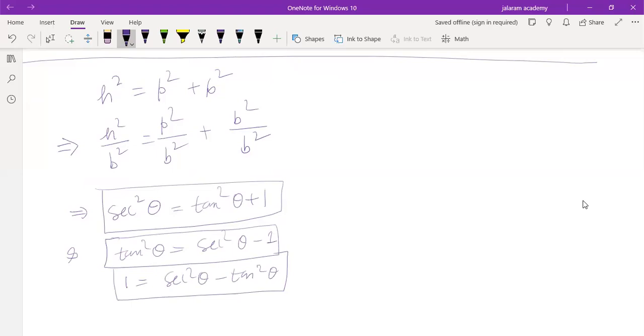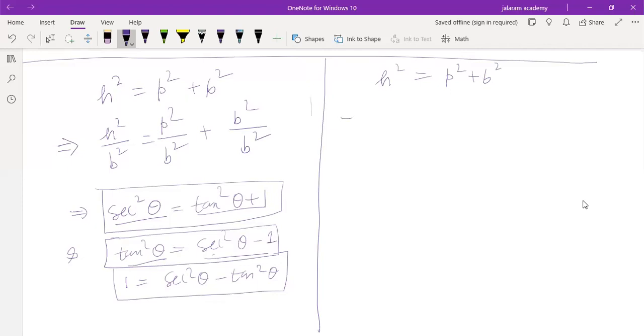So learn them with all the forms. Sec square theta equals tan square theta plus 1 or 1 plus tan square theta. Tan square theta equals sec square theta minus 1 and 1 equals sec square theta minus tan square theta.